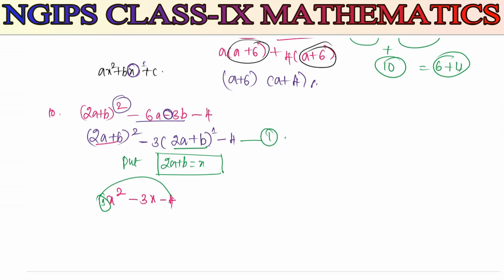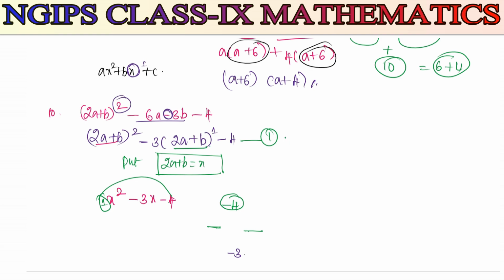The coefficient of x square is 1, and 1 into minus 4 is minus 4. Now this number we have to split into two numbers. When you multiply, you have to get minus 4, and if you add these two numbers, you have to get the middle term, the coefficient of x, which is minus 3. Now we have to fix the two numbers.